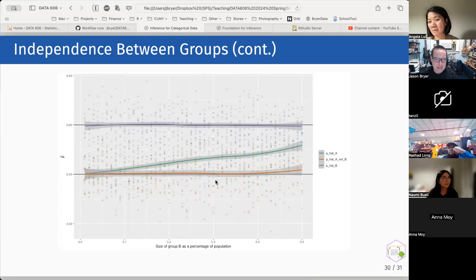There are examples from when I've taught in person, where I bring little bags of M&Ms and we're trying to estimate the proportion of colors of M&Ms. You could sample and put it back, sample and put it back, as one strategy.